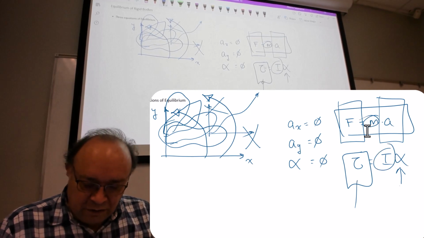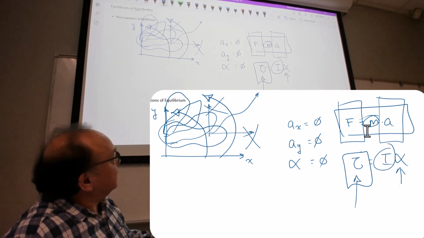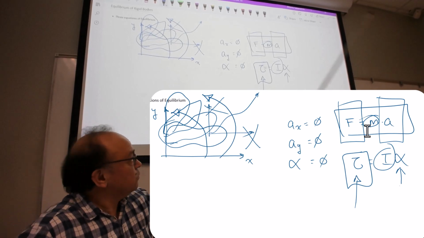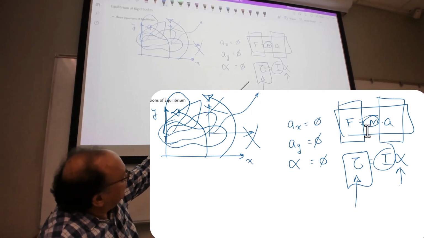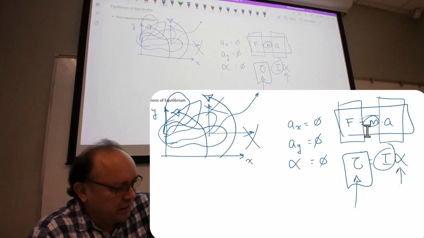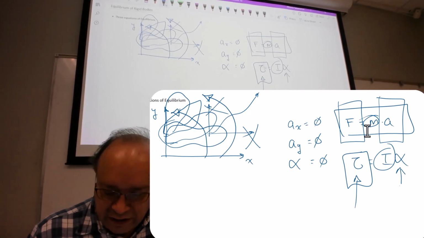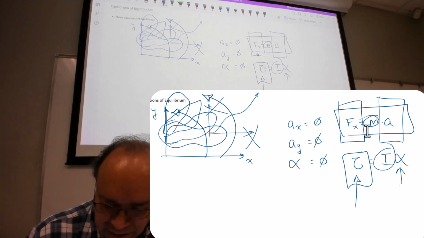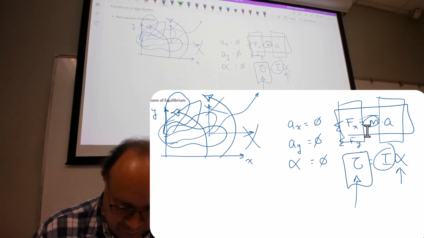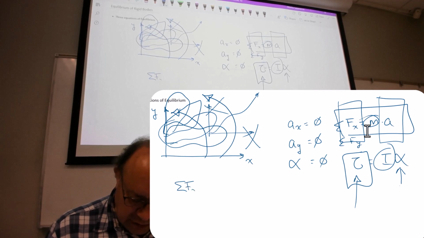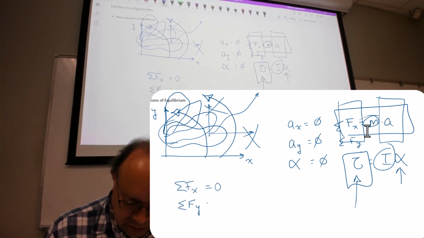So for the condition of acceleration 0, you have to have forces 0 or torque or moment 0. And for the forces, we say in the x direction and in the y direction: the summation of forces in the x direction has to be 0, and the summation of forces in the y direction has to be 0.